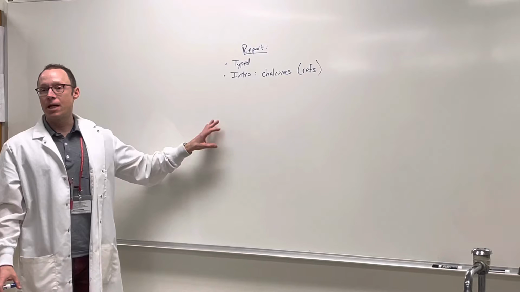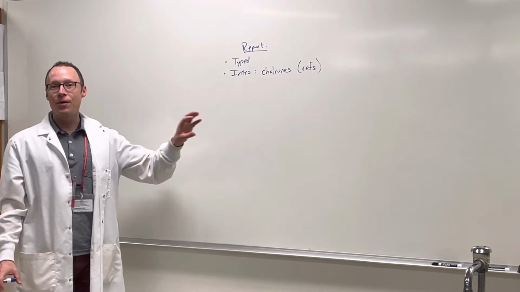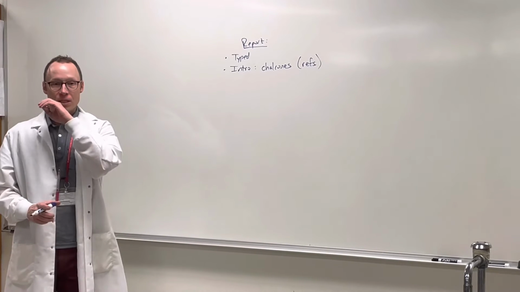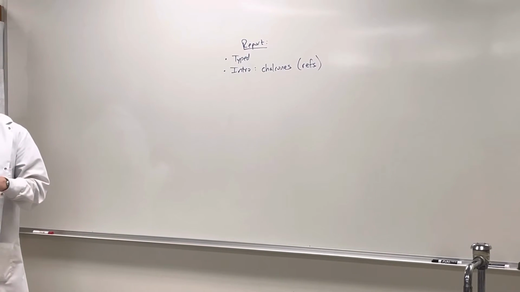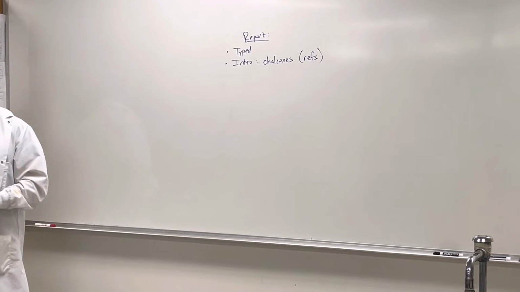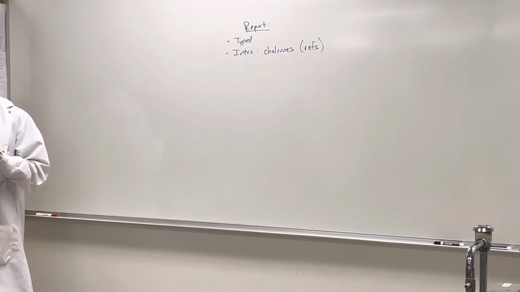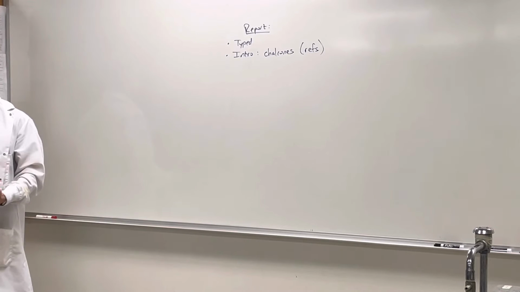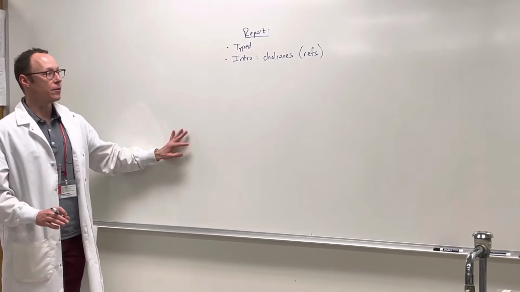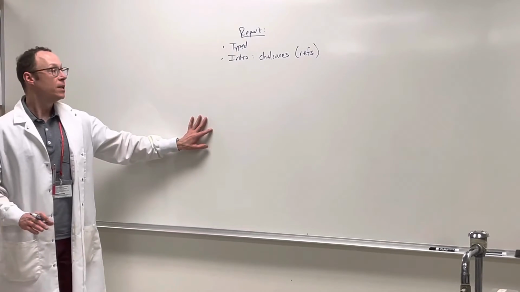But use some approved format. Don't just make up your own. So whether it's MLA or whatever else there is, use a systematized one. Use an approved one. I don't care which one, just an approved one.